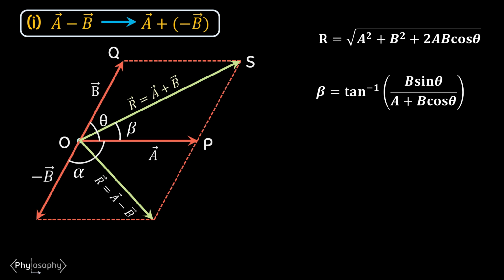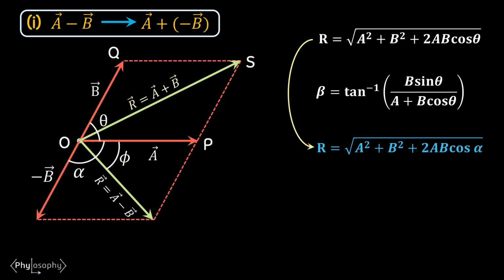Now let the angle between the vector a and the vector minus b be alpha, and let the resultant vector R make an angle phi with the vector a. So now the formula for the resultant vector R will be modified to R equals square root of a squared plus b squared plus 2ab cos alpha.